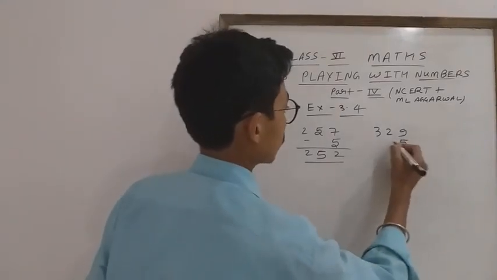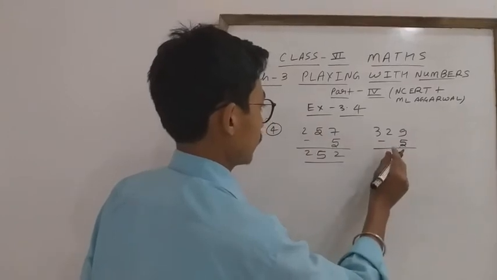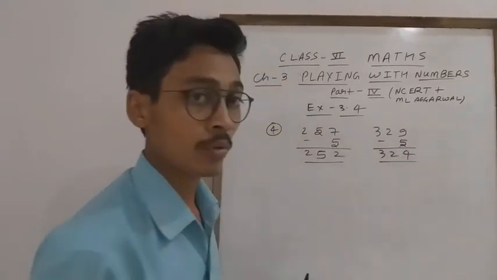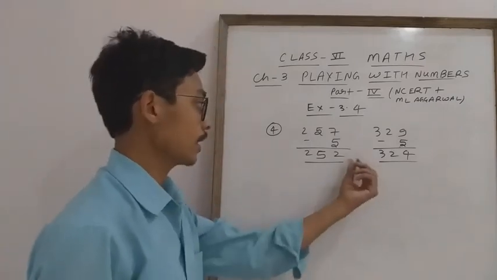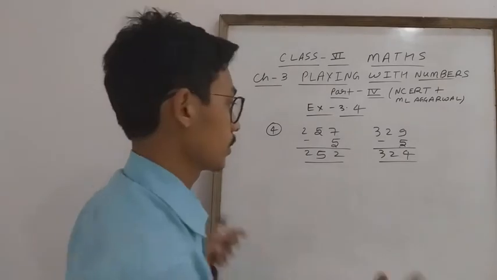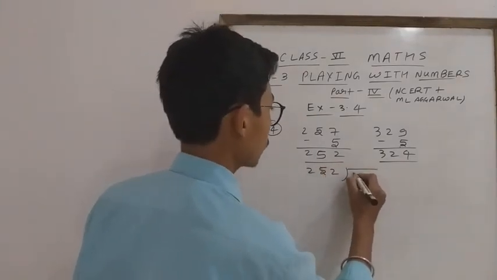Again you will subtract 5, because 5 is the remainder. It will come 324. So you also have to do it very carefully. See, here I wrote 250 but it will be 252. Now the HCF of 252 and 324 you have to find out.